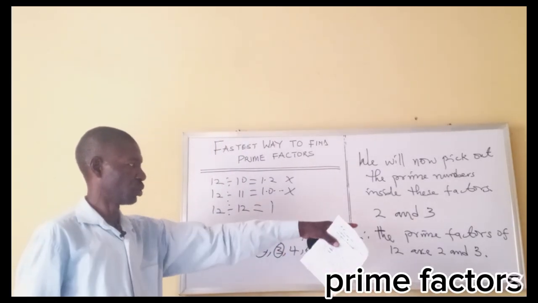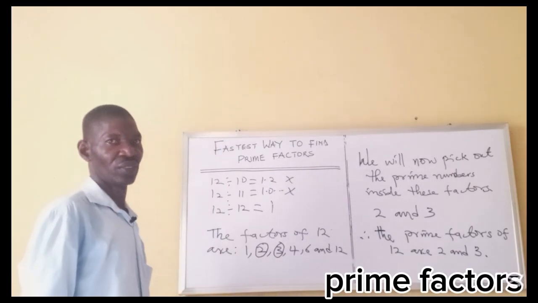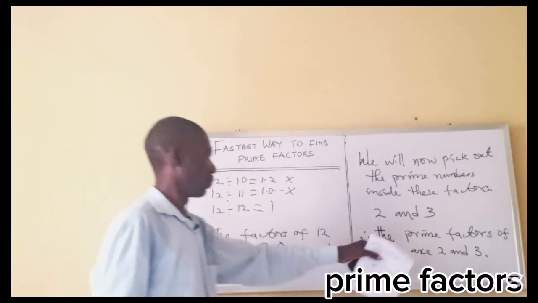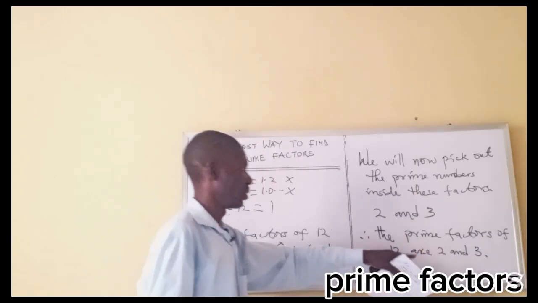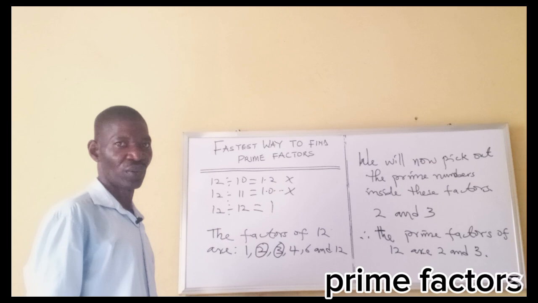So the prime factors of 12 are 2 and 3. Hope you are getting it. So the prime factors of 12 are 2 and 3. Hope you understand it.